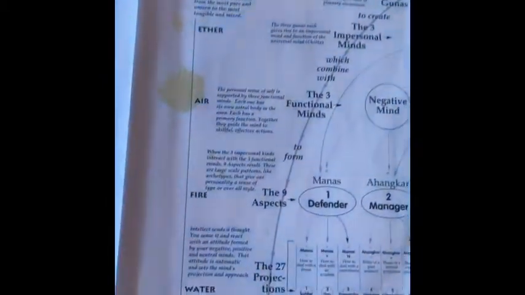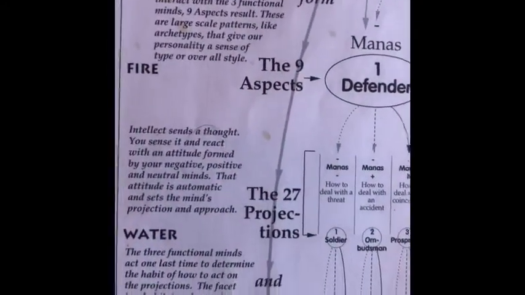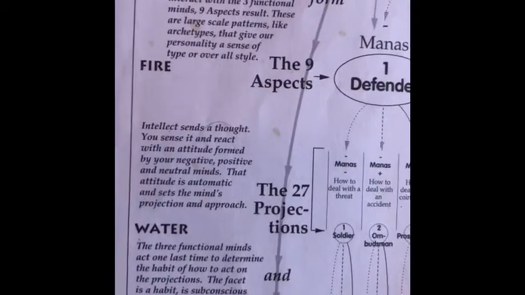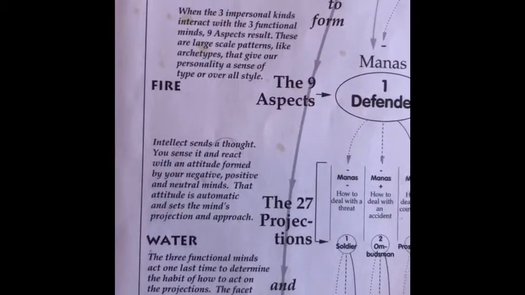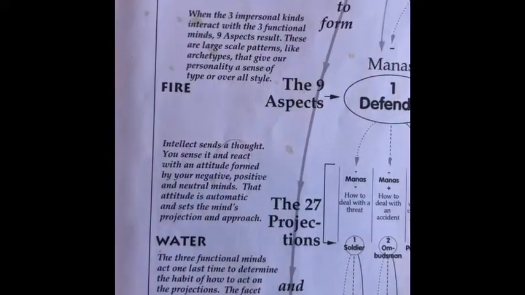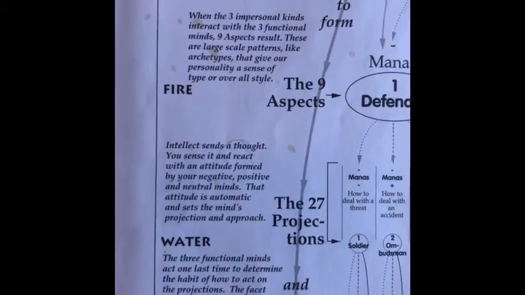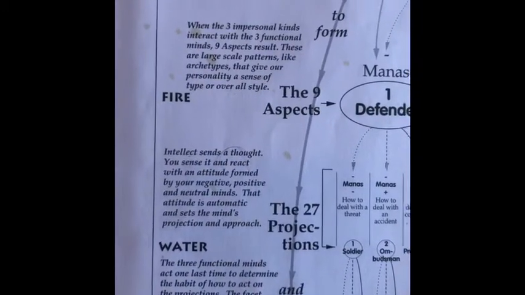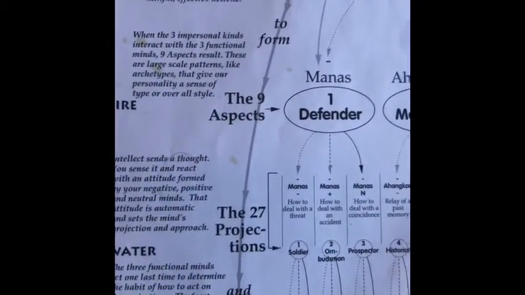The area we're focusing on specifically is the 27 projections, which are at the level of water. So using the example that I gave you earlier of Uttara Falguni, and I realize I'm probably mispronouncing that. Anyway, I mispronounce all these words.